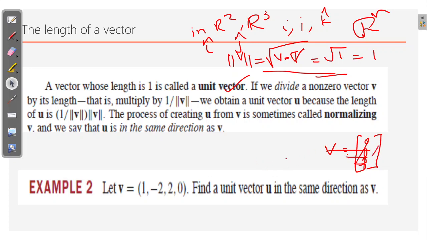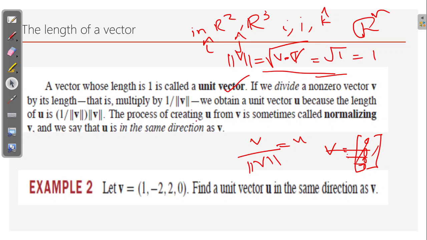Is not a null zero vector. So a non-zero vector v, if we divide it by its length, norm v, v by norm v is the unit vector u, because the length of u is norm v by norm v, which is equal to 1.